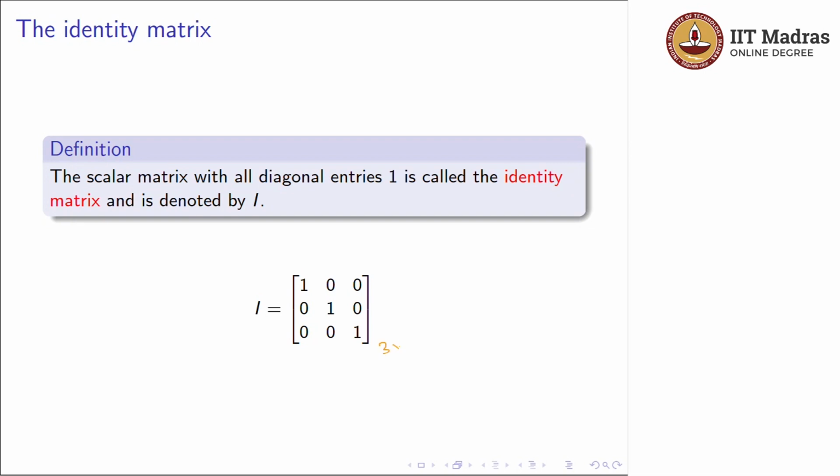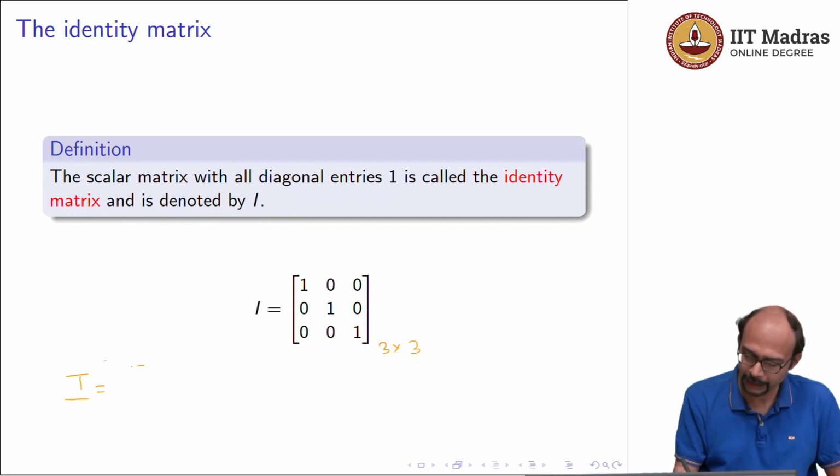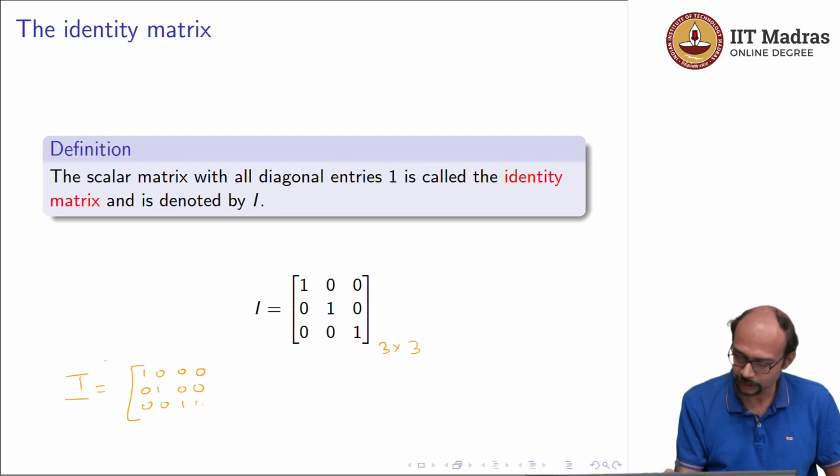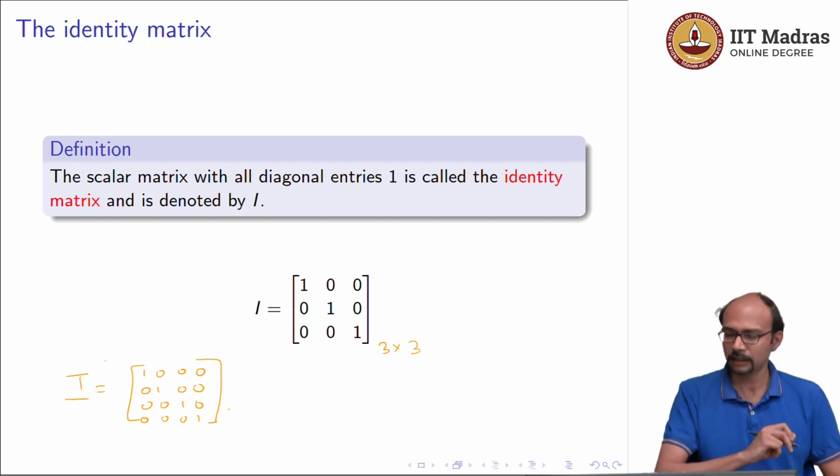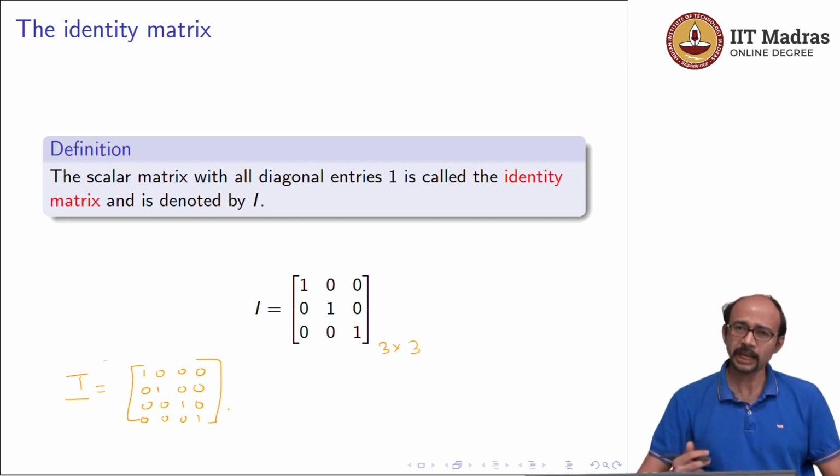Again, I'll remind you, this is 3x3. I'm not saying what the size of the matrix is. If we are talking about a 4x4 matrix, then that will also be denoted by I, and we'll have 1 0 0 0, 0 1 0 0, 0 0 1 0, 0 0 0 1. So it depends on context as to which I we are referring to.